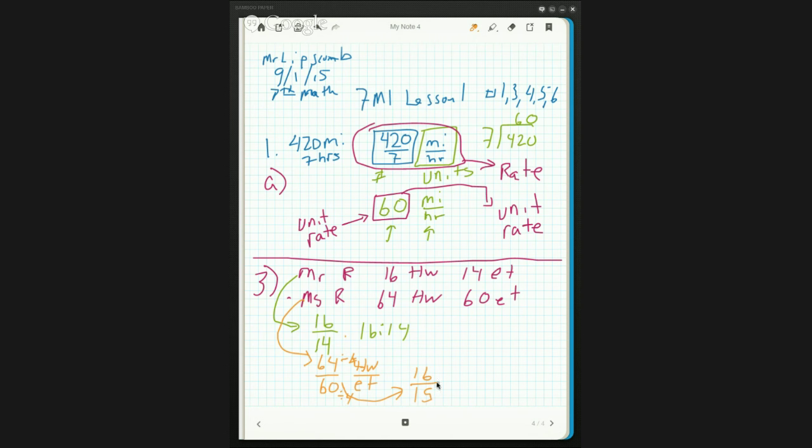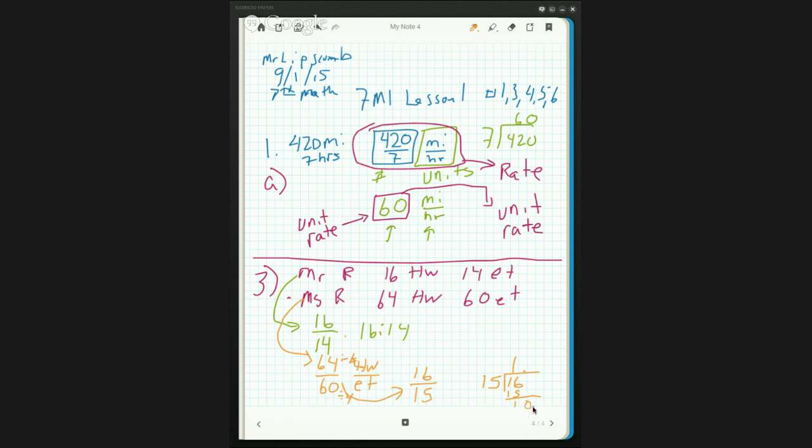I've divided both by 4 to get 16/15. And now to find the unit rate, I need to turn this into a single decimal number. So I'm going to divide by 15. Remember, box top. So what goes inside the box is what's on top, so we put the 16 inside the box. 15 goes into 16 one time. 1 times 15 is 15.